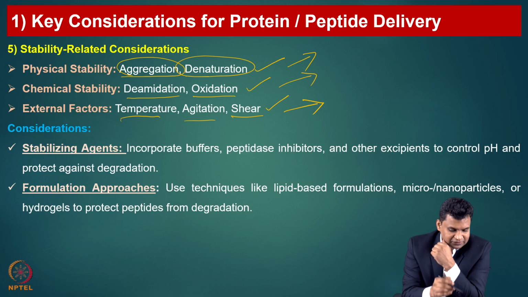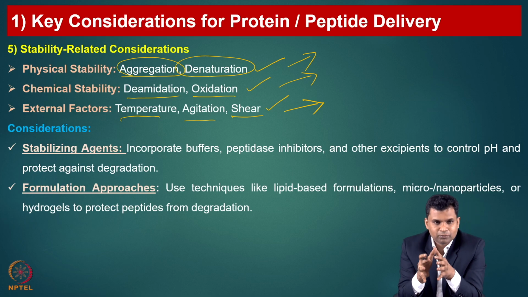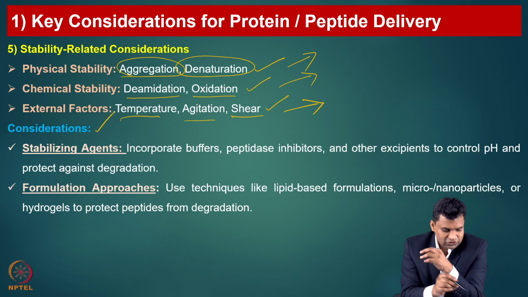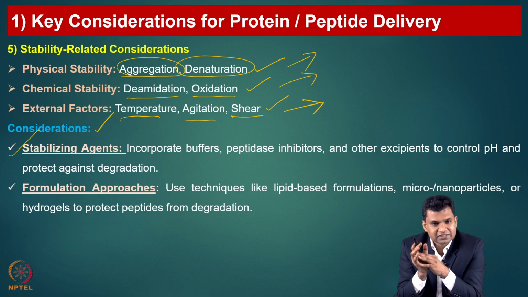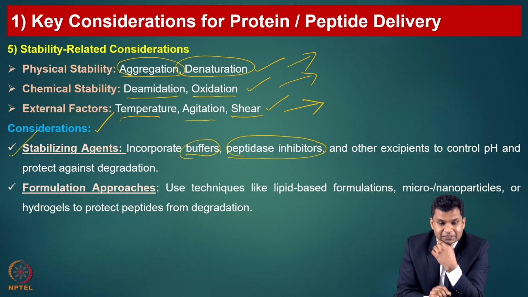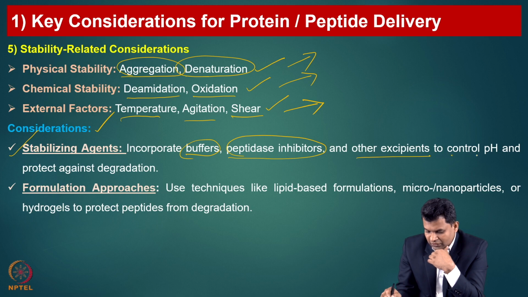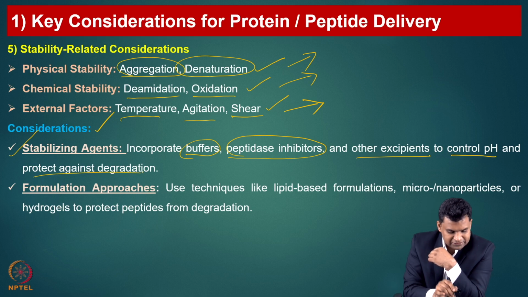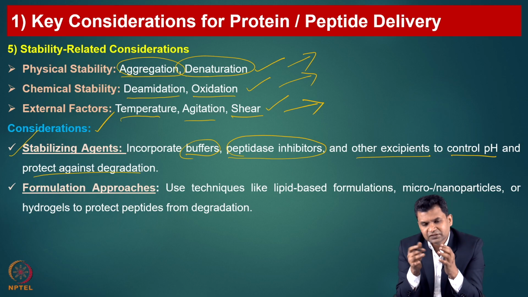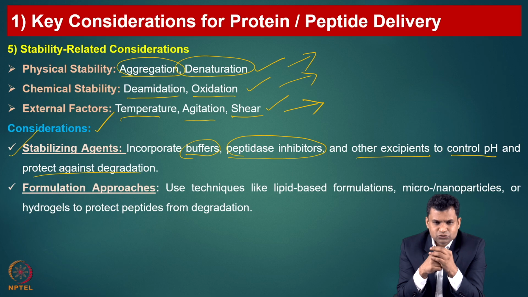So, whenever you are facing any problem related to stability, you can use stabilizing agents, which are buffers and enzyme degradation inhibitors, that is, peptidase inhibitors, and other excipients to control the pH and protect against degradation. Here you can also use pH modifiers. They will modify the pH of the environment.